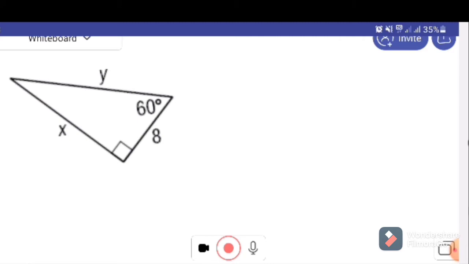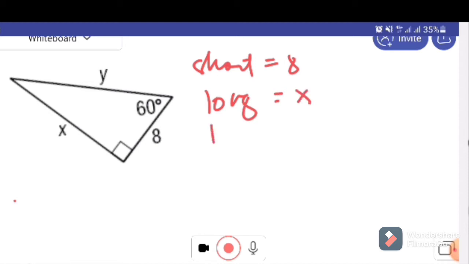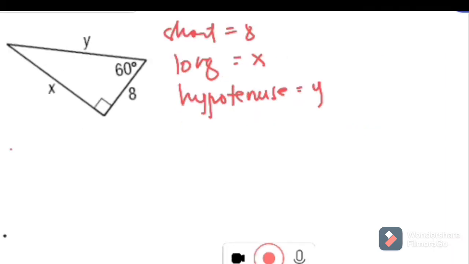Given this, what do we know? Let's have the short leg is equal to 8. Our long leg is equal to X. Our hypotenuse is equal to Y. Given this short leg, it's easy to find the hypotenuse because the hypotenuse is twice the shorter leg.